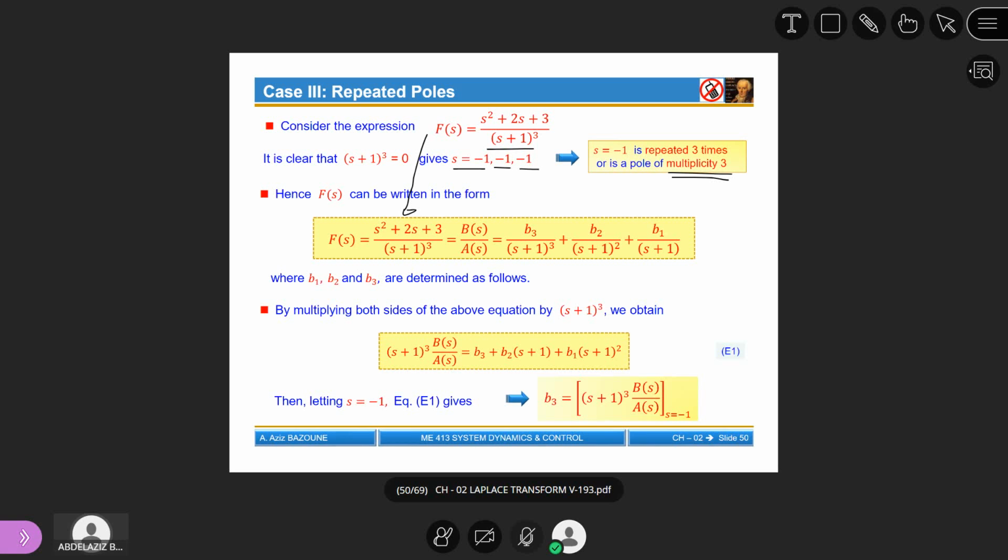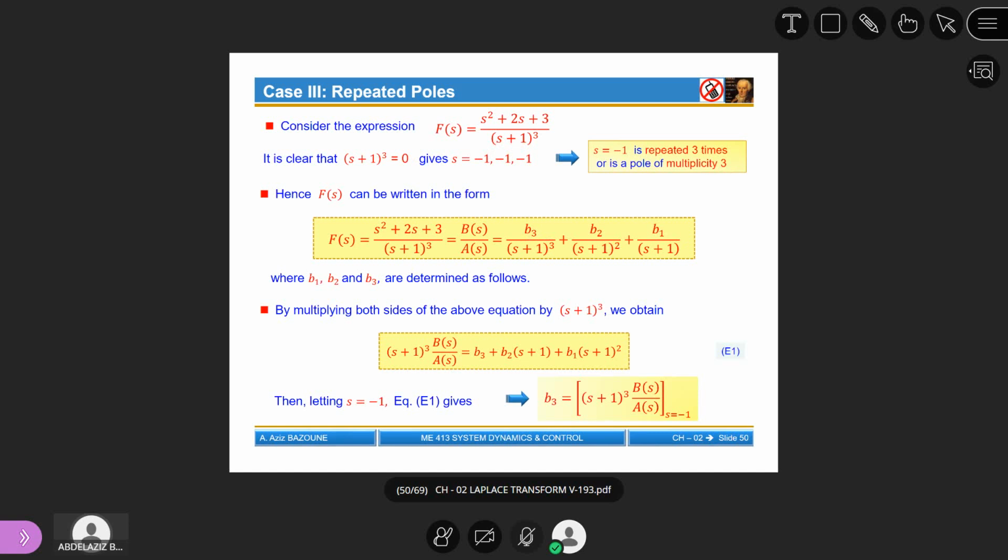We write all the possibilities: b3 over s plus 1 cubed, so the 3 here corresponds to the 3 here, plus b2 over s plus 1 squared, plus b1 over s plus 1. So every exponent corresponds to an index.